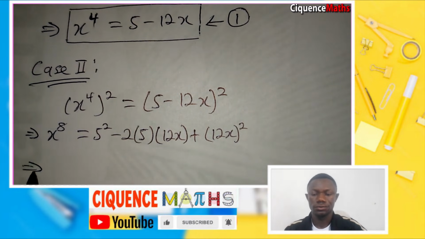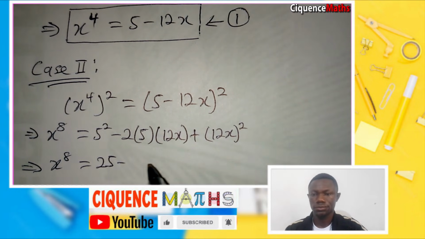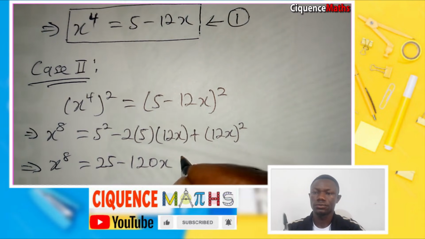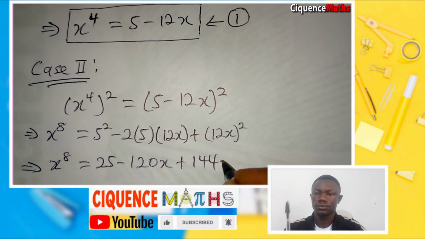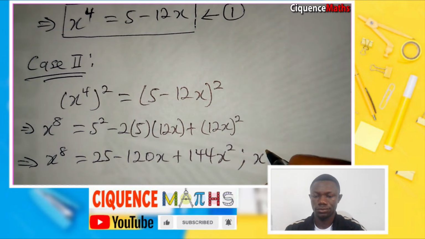So we have the value for x exponent 8 equal to 25 minus 120x plus 144x squared. Then you can simplify still because we have the value for x squared.